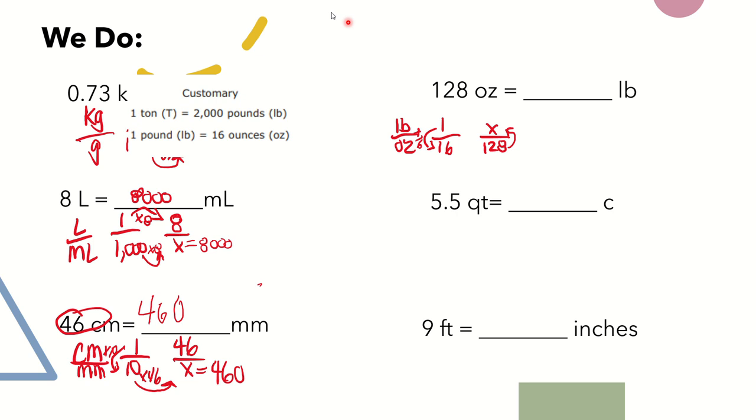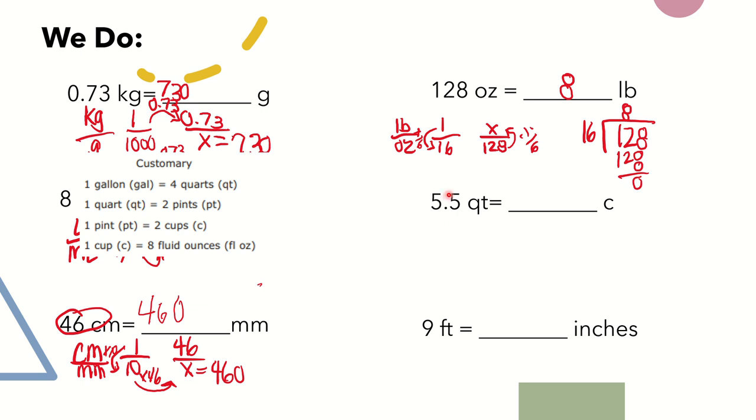So I would go 128 divided by 16. I know that it goes in there 8 times. So 8 times 16, that's 128, and I have 0 remainders. So in this case, we know that 128 ounces is equal to 8 pounds. Let's try the next one.